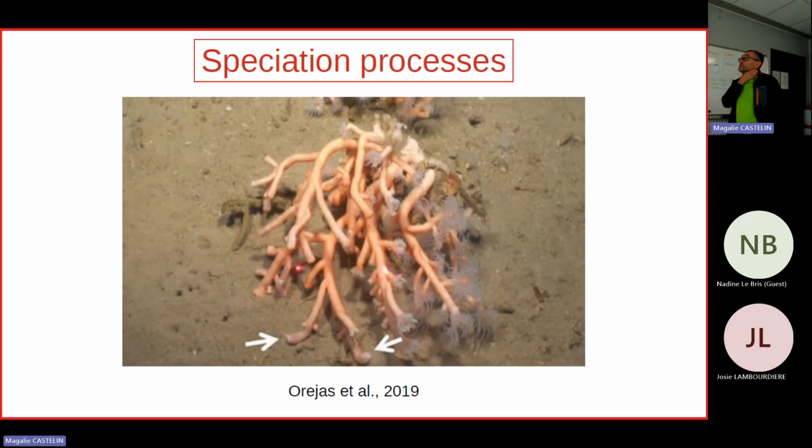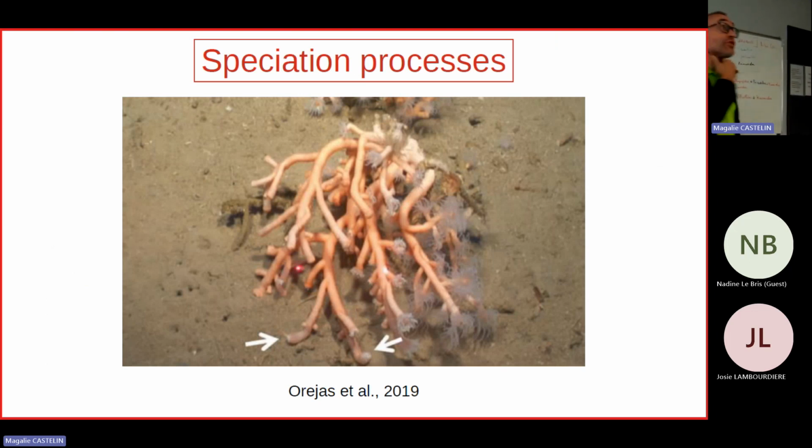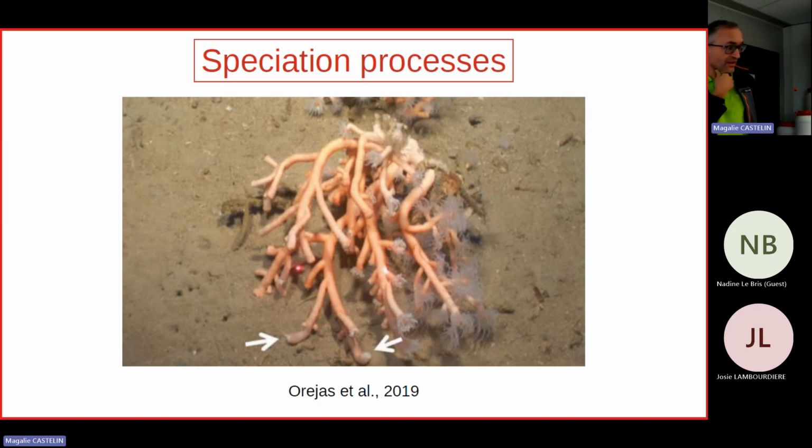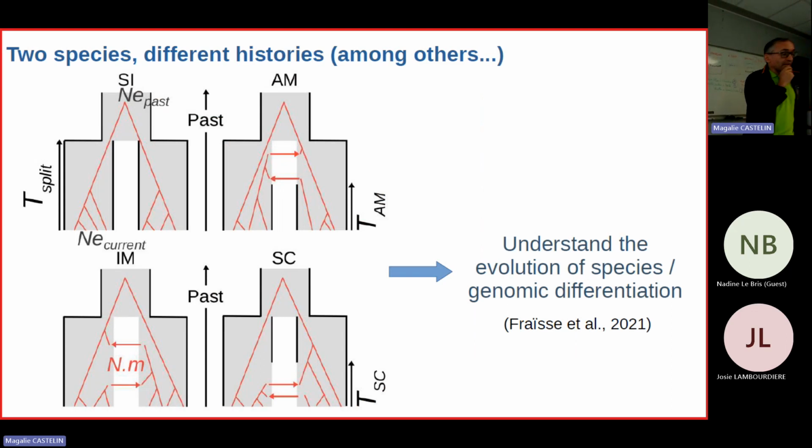Another thing which is useful when you use a much higher number of loci is to study what I would call speciation processes. And I will talk today briefly about that with the case of Dendrophyllia corals. So if I talk about speciation processes or speciation histories, if you have two groups of samples and you see differences among them, maybe you are able to say that these are different species.